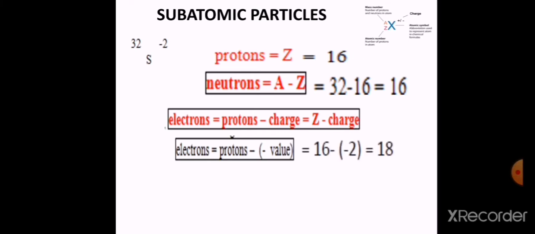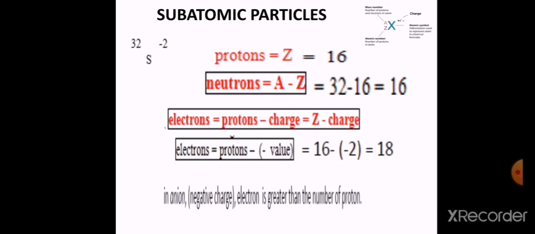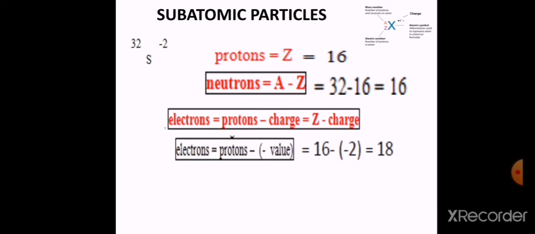Okay? So, 16 minus negative 2 for the charge. So, minus yan. I-recall lang natin yung paano tayo magma-minus ng mga integers. So, that is equal to 18. For this type of atom, okay, so negative charge siya.